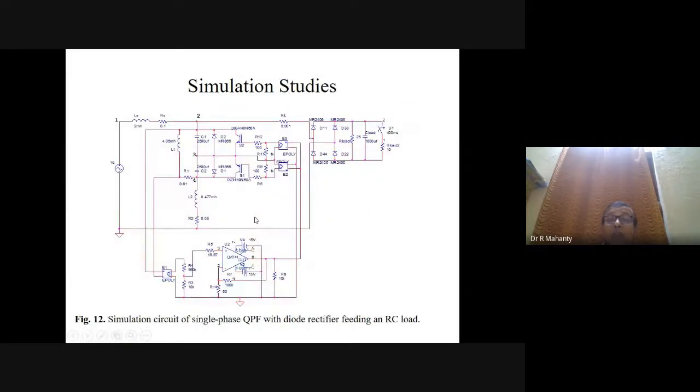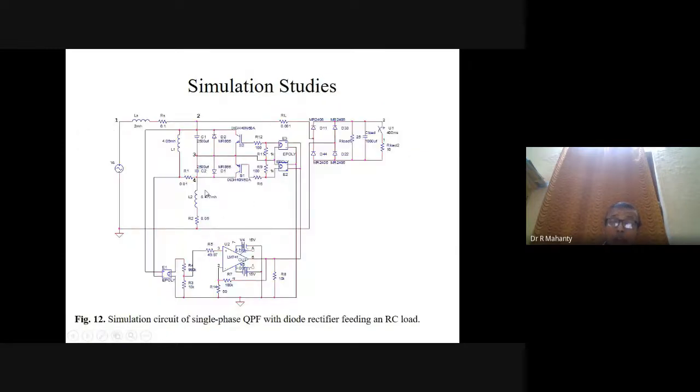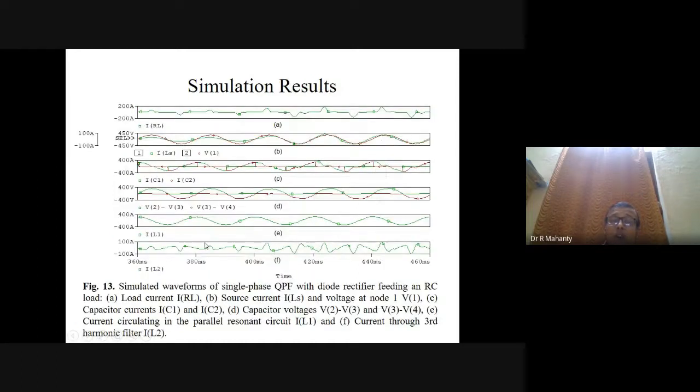And the current flowing through the parallel resonance circuit is perfectly sinusoidal. You can see that IL1 is perfectly sinusoidal. And the current flowing through the filter, that is IL2, contains only the harmonic components, and very little fundamental component.